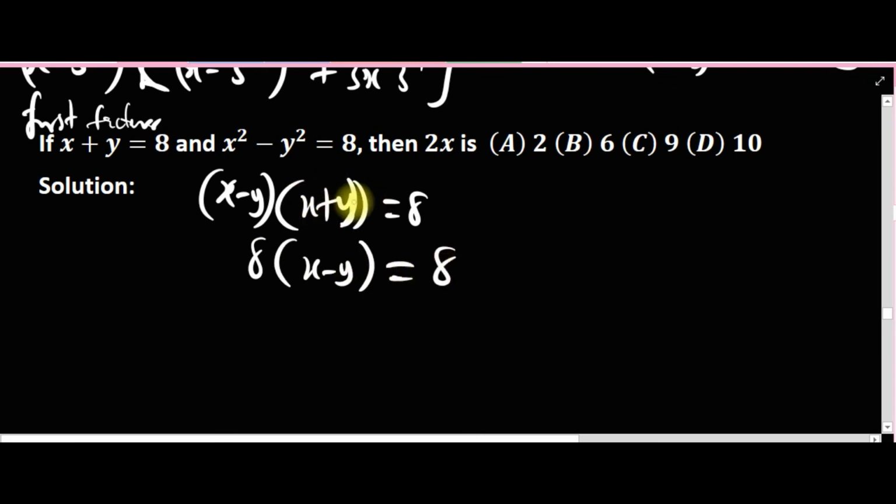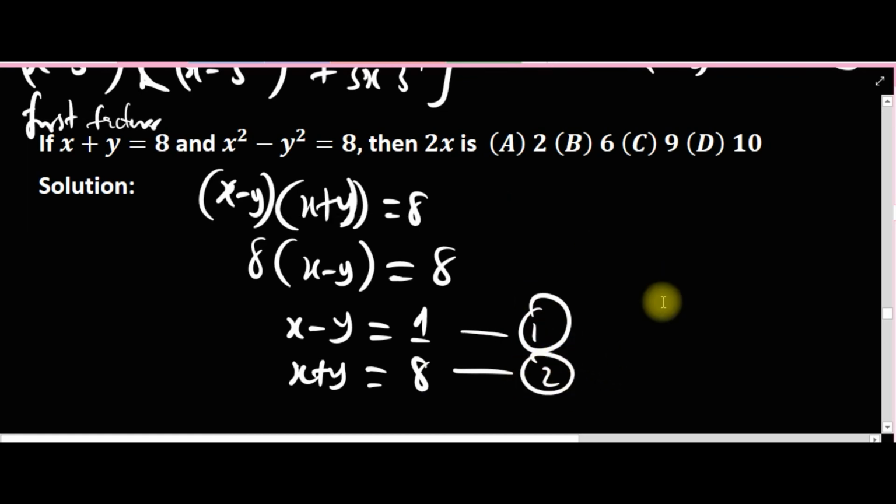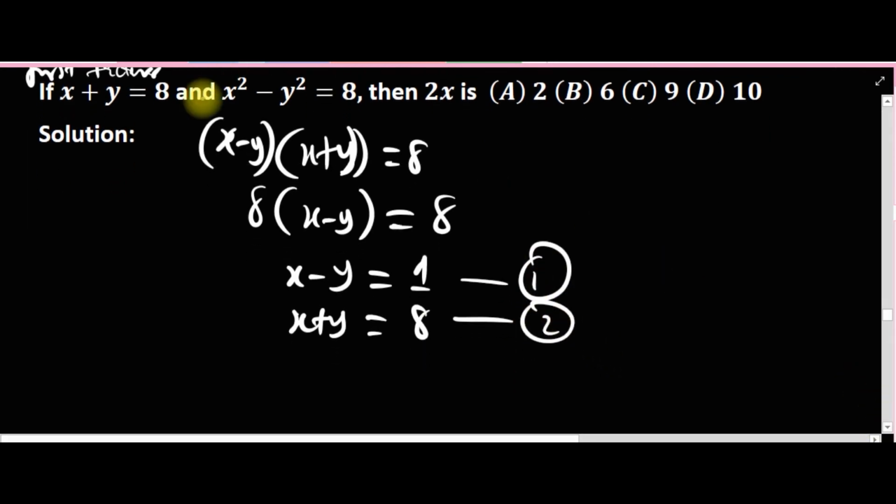I replace x plus y with 8. So we have x minus y equals 1. But we have to find 2x. So here you see that x minus y is 1 and x plus y is 8. So let's add the two equations. So adding equation 1 and 2, this is 2x, this is 0, so we have 9. So 2x equals 9. So that's the answer.